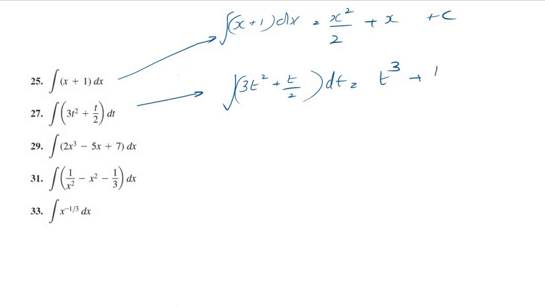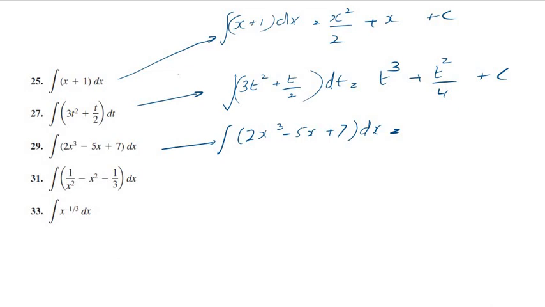We add 1, so we get 2 to the power 2 divided by 2. We get 4 plus c. So let's look at this integral of 2x to the power 3 minus 5x plus 7 dx. Here we take this power and add 1 and divide by that value.